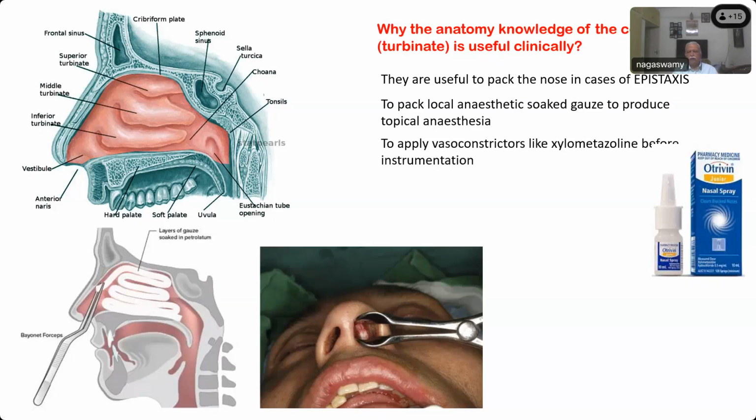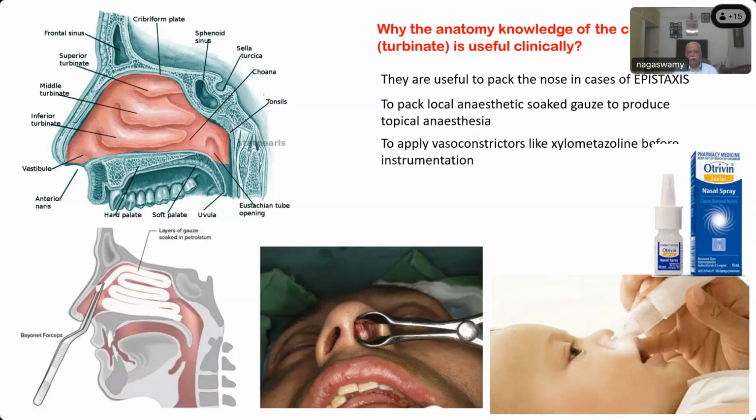So this is the common nasal spray which you see. This is the point I told you, especially in small children. Before general anesthesia, it is always better to put 1 or 2 drops of this nasal decongestant so that post-operative crying and other things will not cause nasal congestion and blockage.